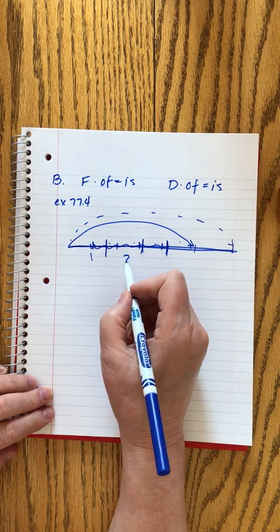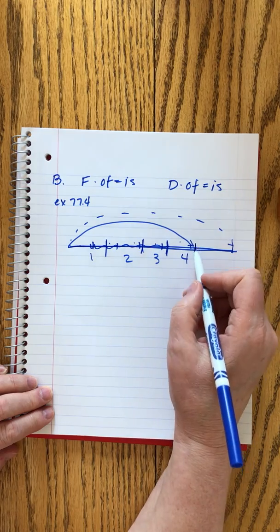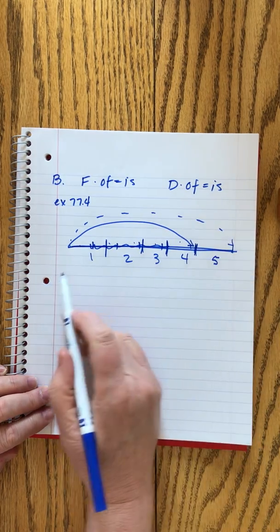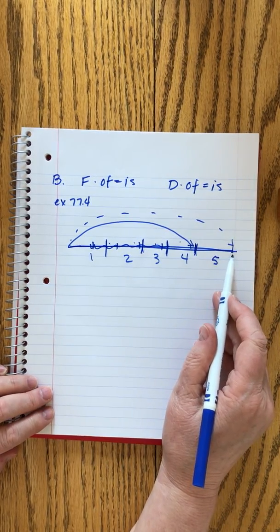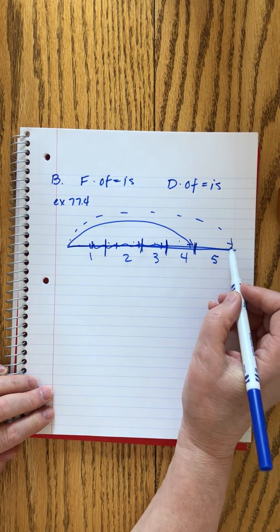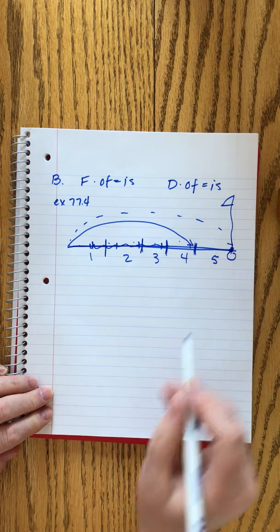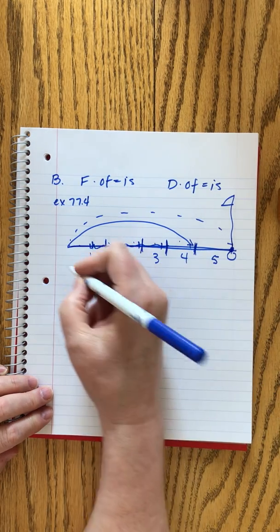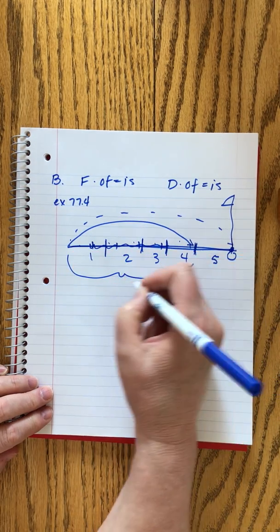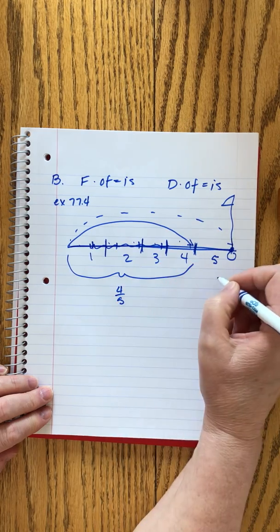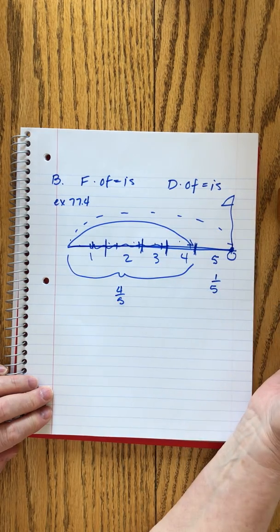Okay, 1, 2, 3, 4, 5. There are the sections, the 1/5 to the, this is the cup, right? The hole. There's the flag. Look, it's got a crooked flagpole. So she went 4/5 of the distance. She had 1/5 more to go.